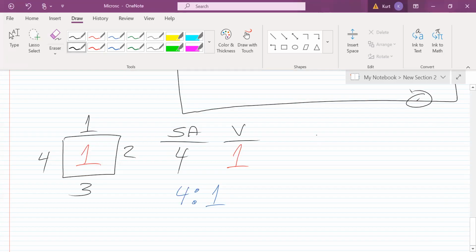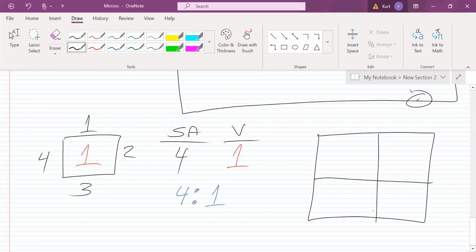So let's check out this cell. Look at this. We have 4 cells together, making something bigger. Surface area: 1, 2, 3, 4, 5, 6, 7, 8.